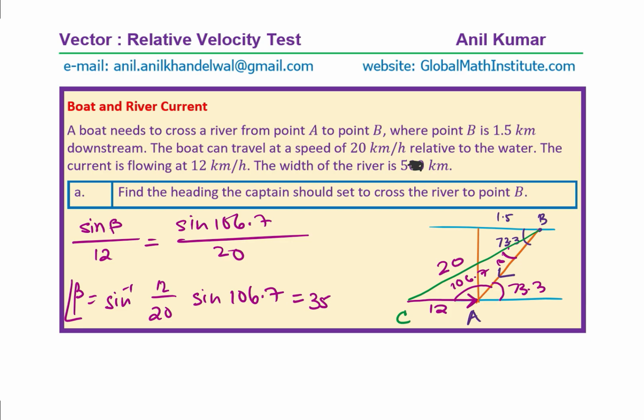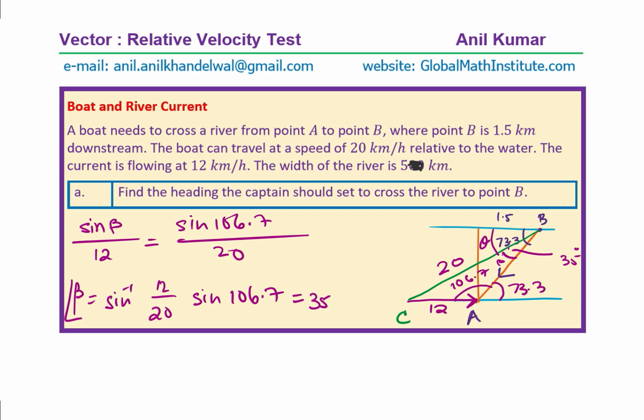So this angle here is 35 degrees. Since this is 35.07, we can now find the heading angle either with respect to the bank, or either way. So this angle from here will be 73.3 minus 35, right? So let's say the angle is theta.